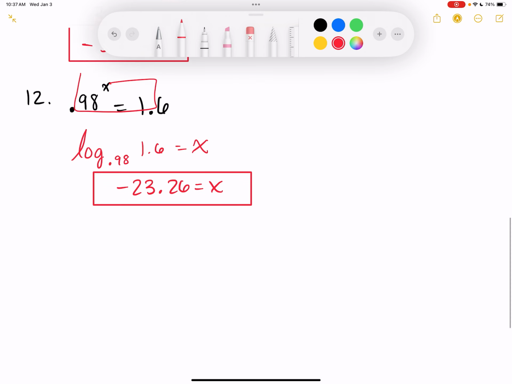Let's see, 14, 80 times e to the 0.045x is equal to 240.